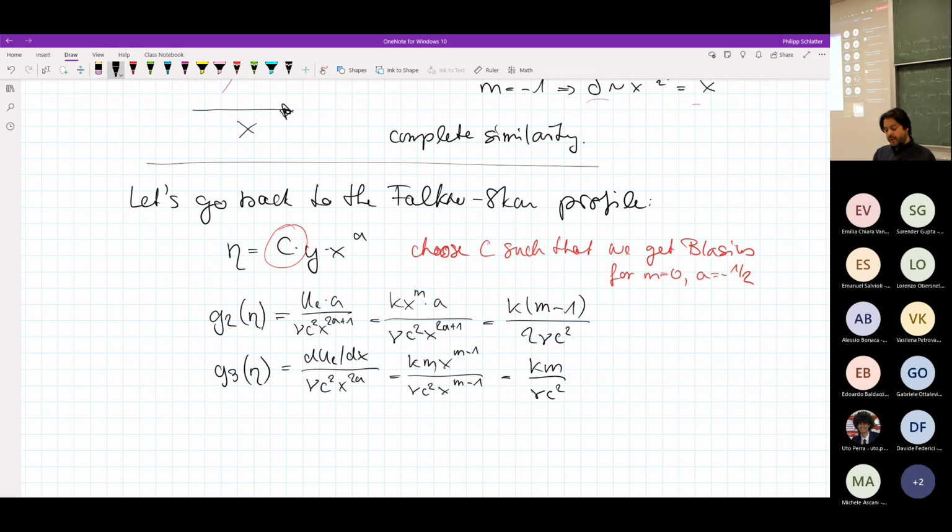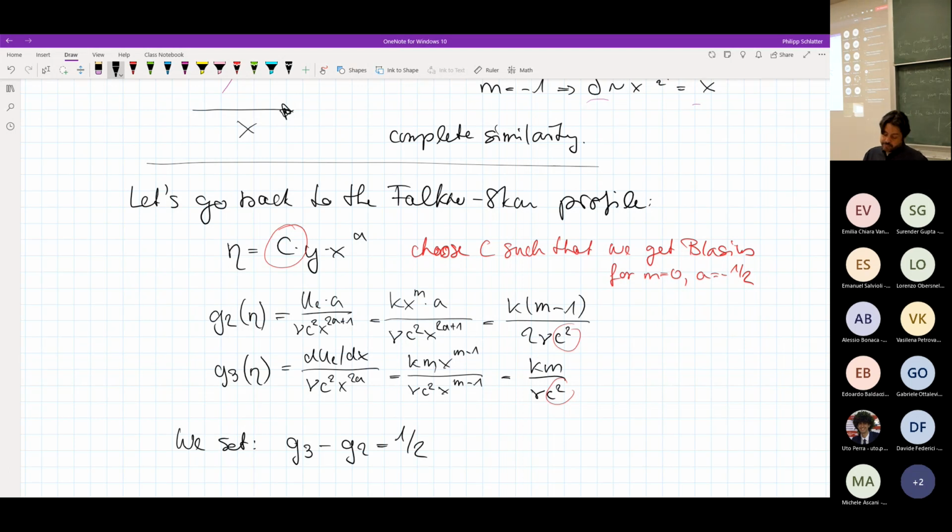Now, what is open here is how to define c. That's still what we're looking for. We would like to find a good way of defining c such that we recover Blasius in the case when n is 0. There are various ways of doing that, not just one way, but one specific way is to say that G3 minus G2 needs to be 1/2.